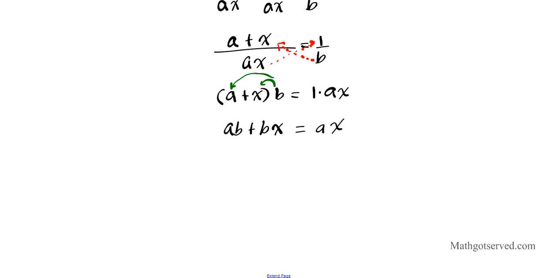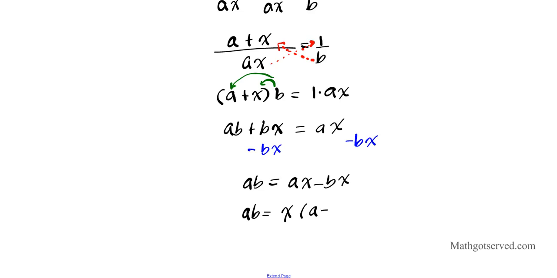So how do I move it across the equal sign without changing the problem? Well, since this is a plus bx, I'll do the opposite, which is minus bx from both sides, okay? So I'm going to have ab equals ax minus bx. Now on the right side, x is common, so I can factor that out. So I'll have ab equals x times a minus b.